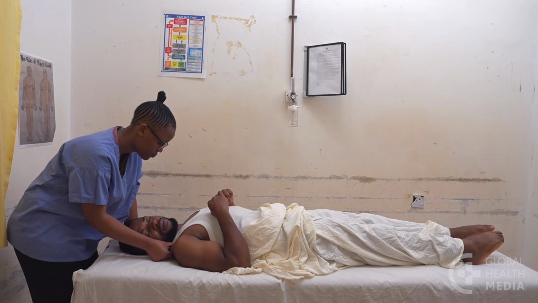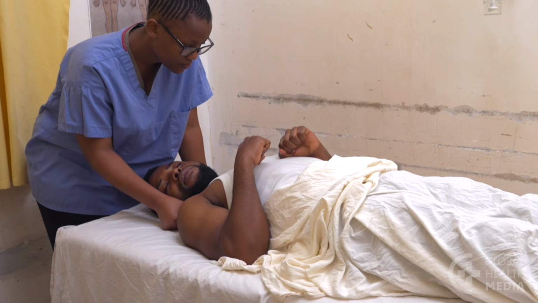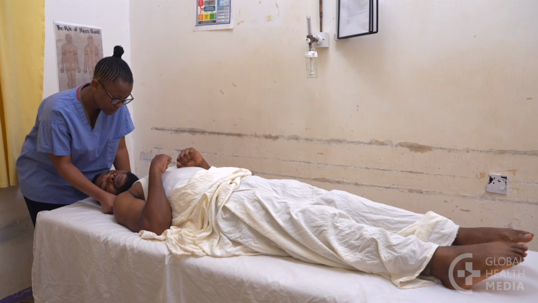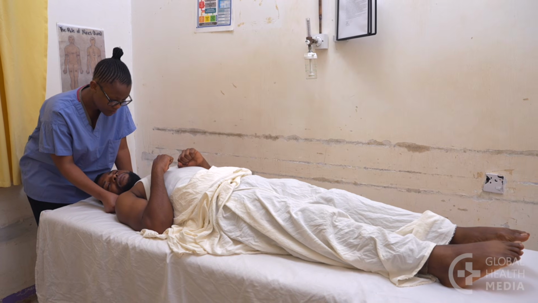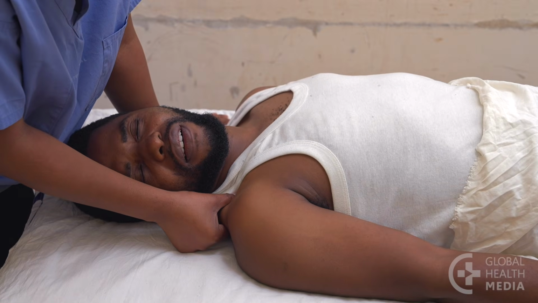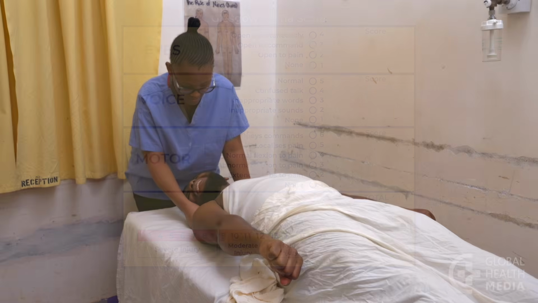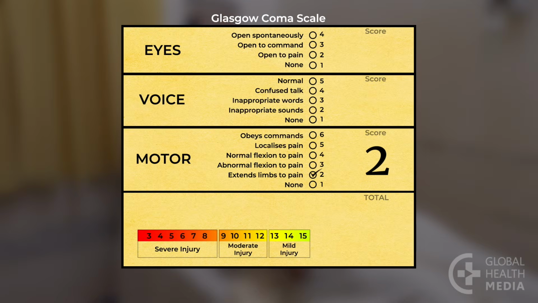The arms are held close to the body, the elbows are bent, the wrists are flexed, and the toes are pointed. If the patient has a different abnormal posturing involving extension, he is given 2 points.